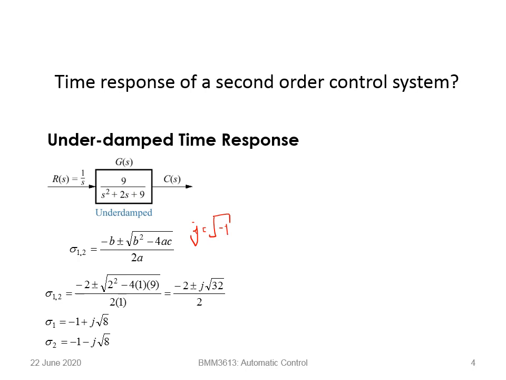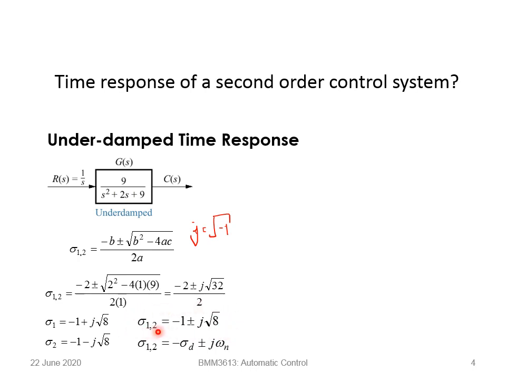So now if we want to write them in a simplified form, the poles sigma 1 and 2 are at minus 1 plus minus j square root of 8. The first one is minus 1 plus j square root of 8, and the second one is minus 1 minus j square root of 8.